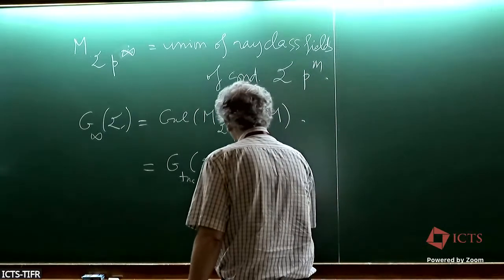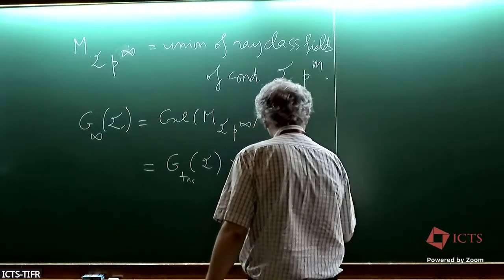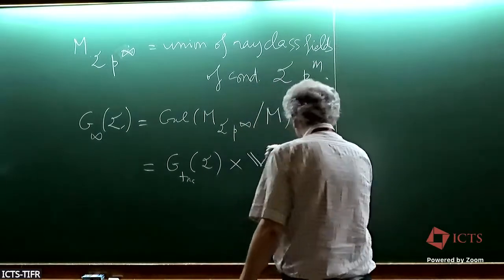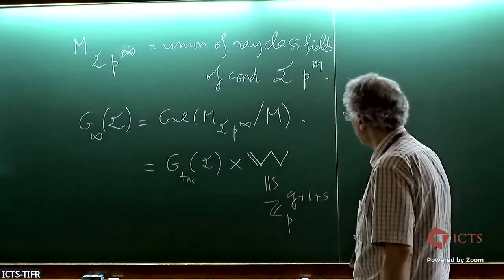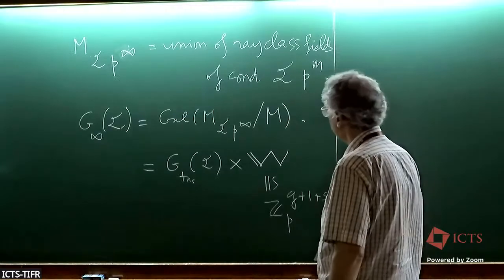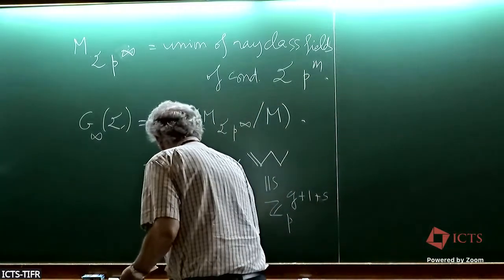So this module is isomorphic to Z_p to the power g plus 1 plus the possible defect of the Leopoldt conjecture for the field F at p. So that could be 0. And this group we will denote by Delta_C.